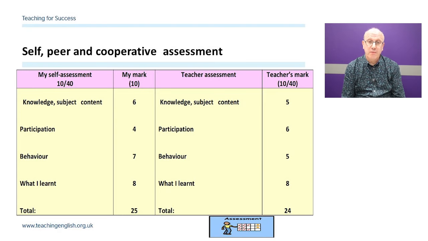But what you find happens is that your mark and their mark is usually very close. But I think what's most important is not whether your marks are close or not. If you don't agree, then you will look at that and say, well, I don't think you got a 6 for your behaviour. Can you look at what happened in the class? Do you want to maybe rethink your mark or do you want to keep to that mark?